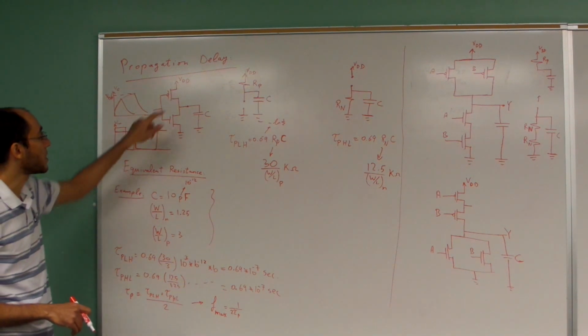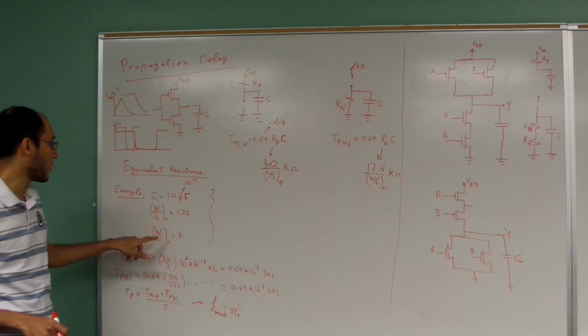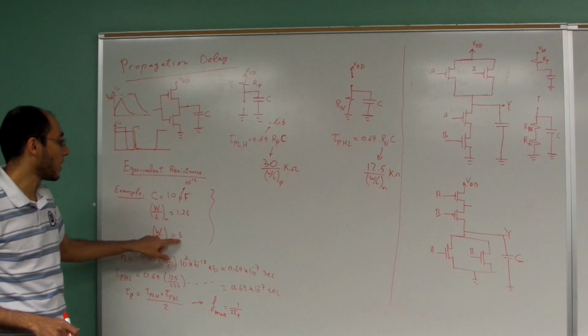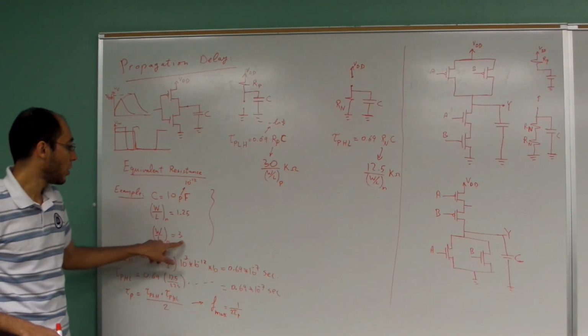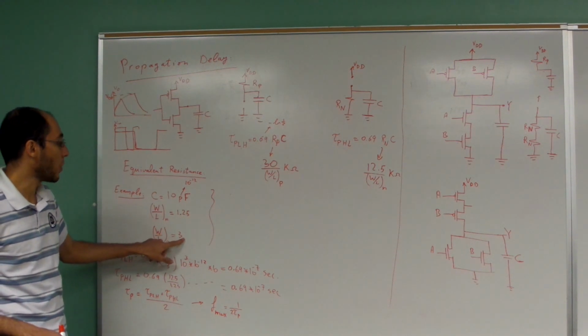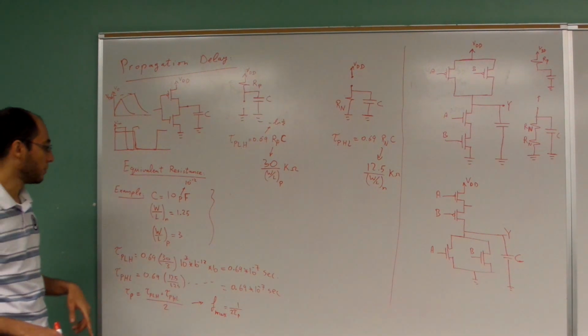Why? Because this value of the resistance tends to be higher, and you do not want the dimension of the transistor to be very high, and that's why. So the change in the dimension of the transistor is the reason why we were able to decrease the value of tau p from low to high.